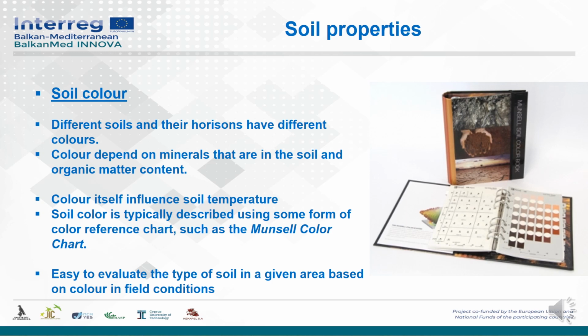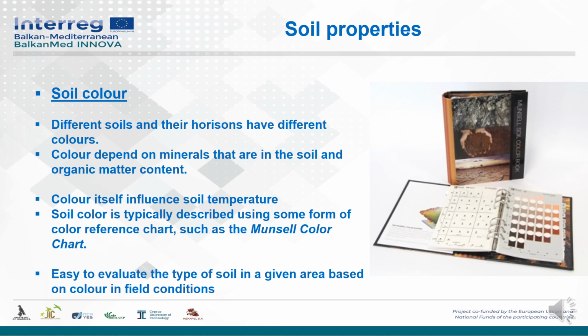But it's not only this. Color itself can influence soil temperature. So, influencing the soil temperature, in fact, it can influence the plants that can be grown there, and the plant production and plant development.